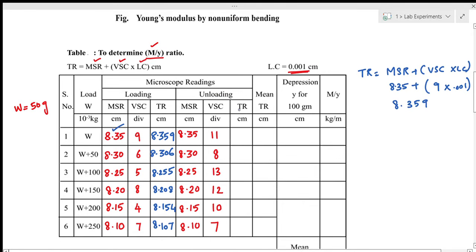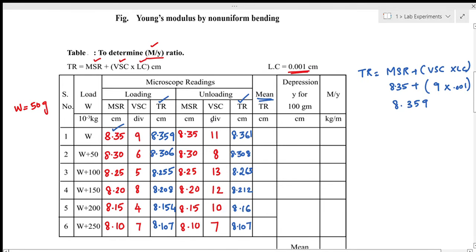In the unloading part, we use the same total reading formula, MSR plus VSC into LC, and we get 8.35 plus 0.011, I get 8.361, and then 8.308, then 8.25 plus 0.013, so 8.263, 8.212, 8.160, and then 8.107.